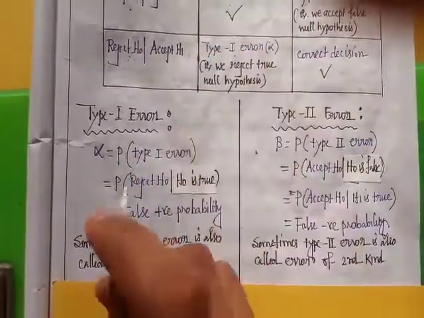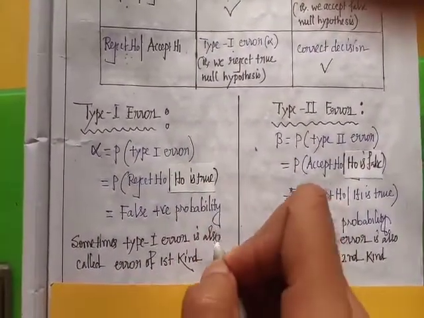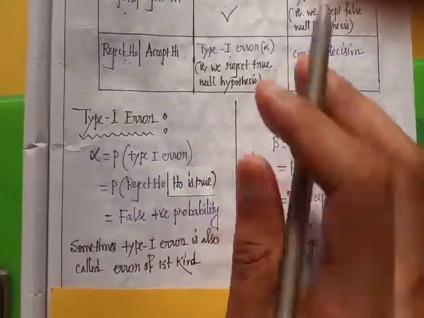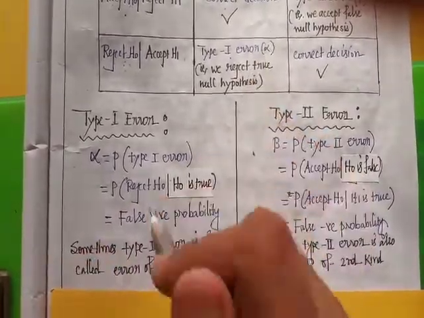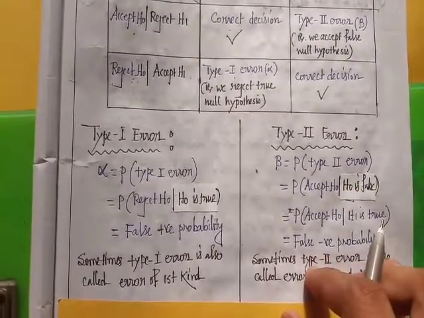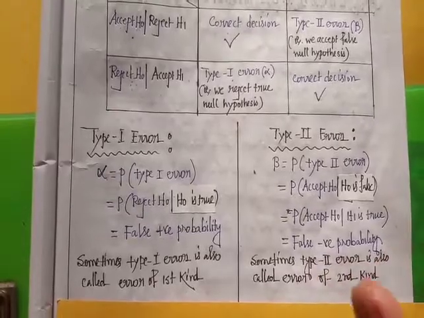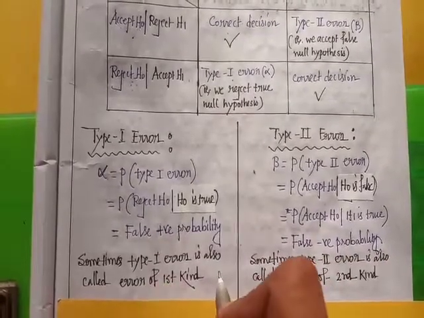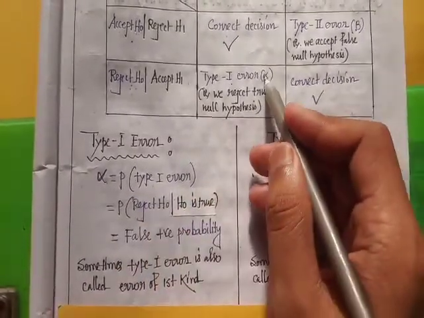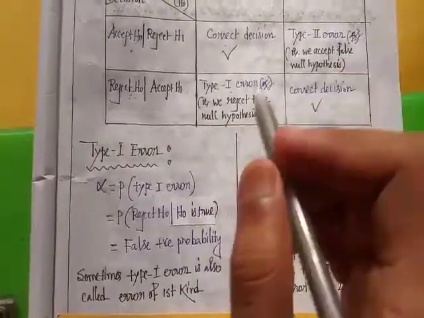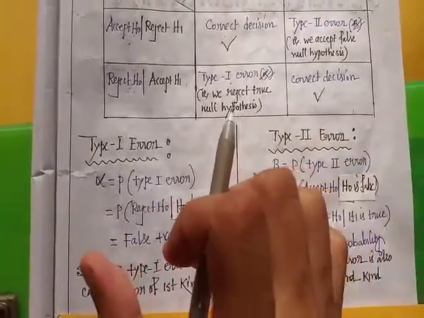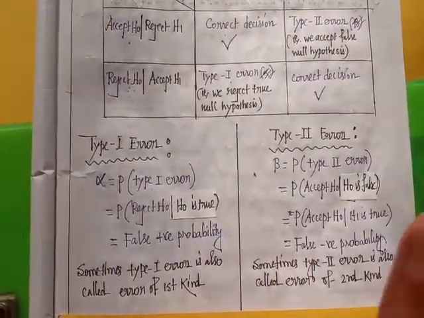Also note down, sometimes type 1 error is also called error of first kind, and type 2 error is also called error of second kind. Alpha is equal to the probability of type 1 error and beta is equal to the probability of type 2 error. Alpha is also called false positive probability and beta is also called false negative probability.